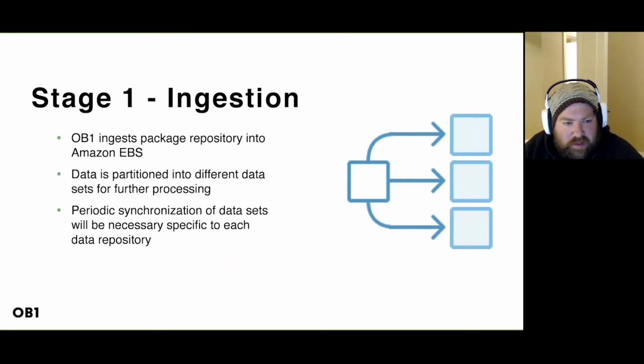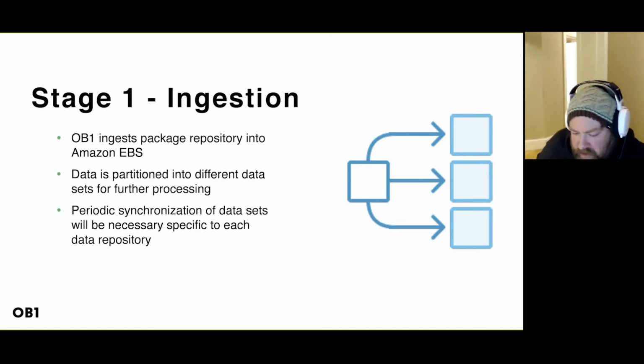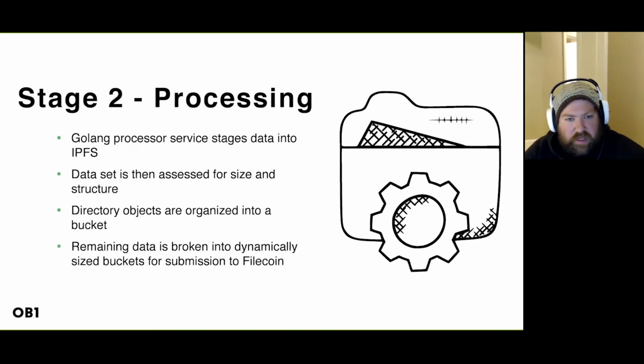So basically, the first thing we're doing is essentially rsyncing a large package archive. We're taking it, and this could be many gigabytes of data. For example, we've got the Ubuntu archive and things like this, which is basically a very large directory. And what we're doing is splitting it up into different buckets and segments.